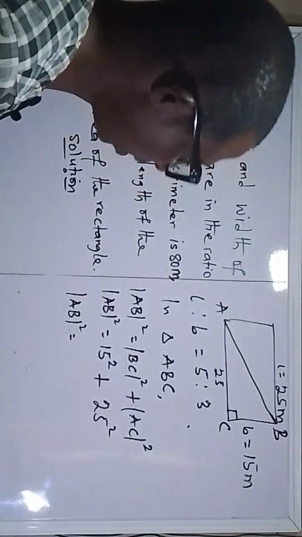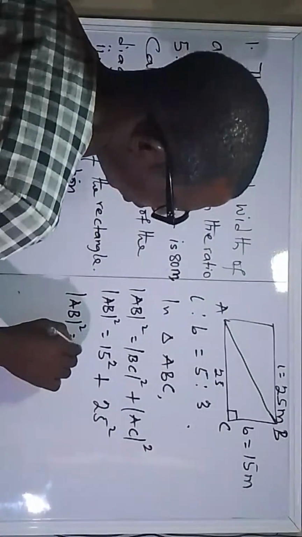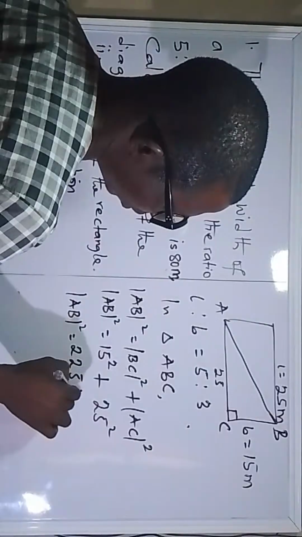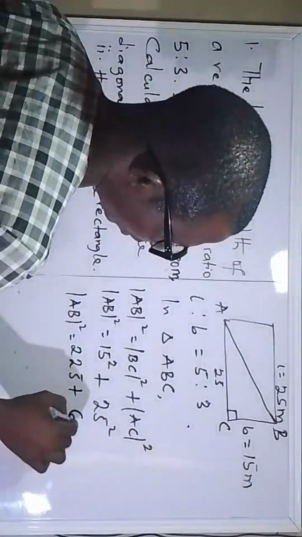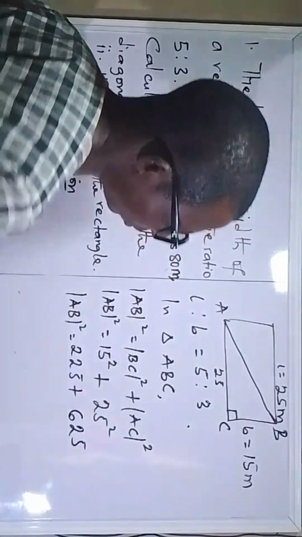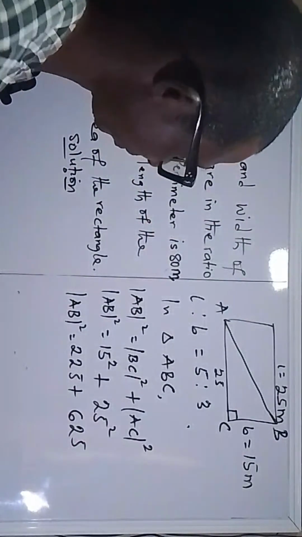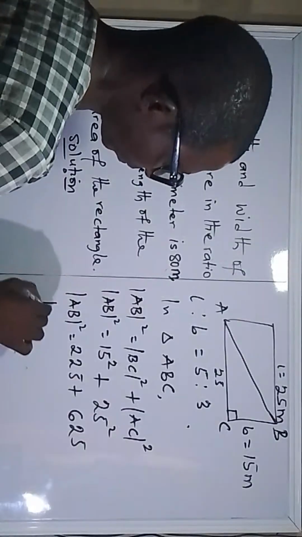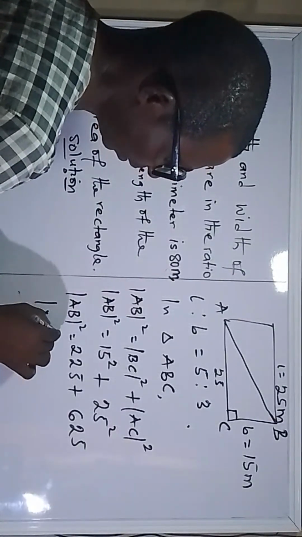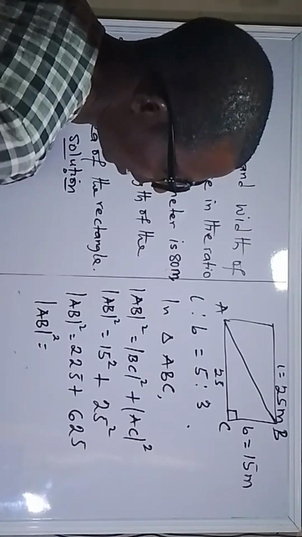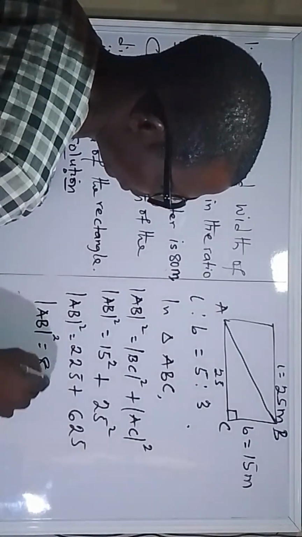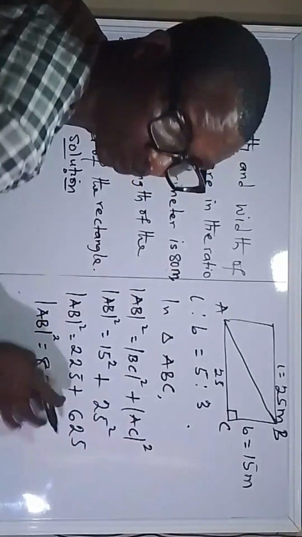When you square 15, you have 225, plus, when you square 25, that's 625. Now we add this and this together, so that's going to be 850.